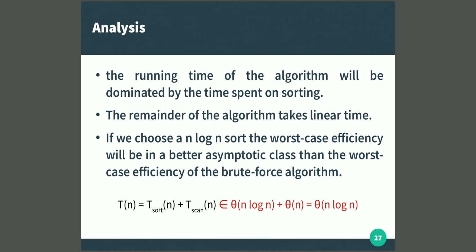Among n log n and n, n log n is least efficient, so the overall efficiency is n log n. That way, this efficiency is far better than n square for the brute force algorithm to find the mode.